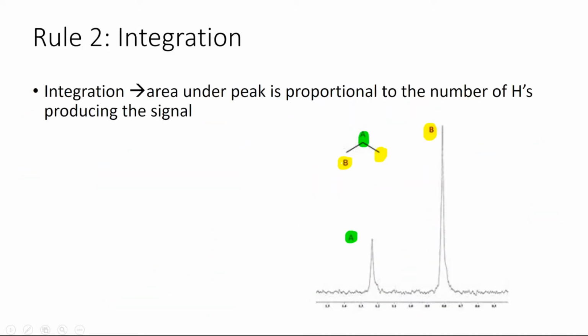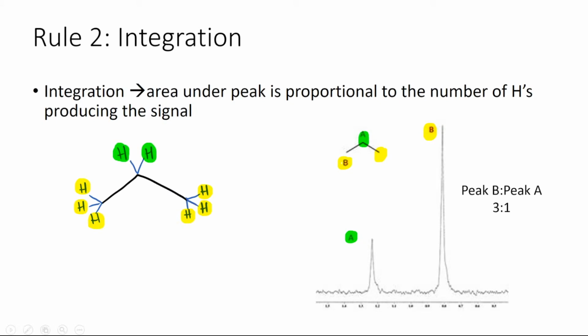Rule 2 deals with integration. Taking the integral of these peaks will give you the area under the peaks, and we find that the ratio of the areas under the peaks are proportional to the number of hydrogens producing that signal. Let's look at an example. Here's propane, and it has 2 different hydrogen types, and therefore will produce 2 peaks on an NMR spectrum. Notice that one peak seems much bigger than the other.